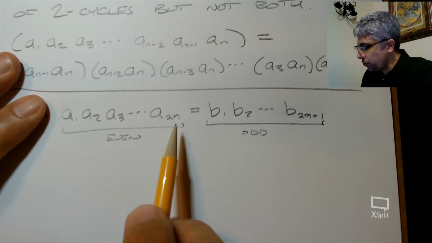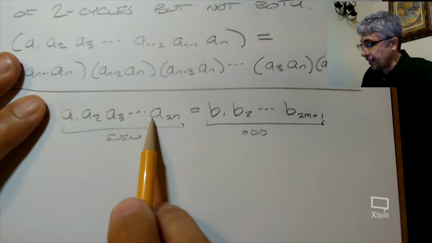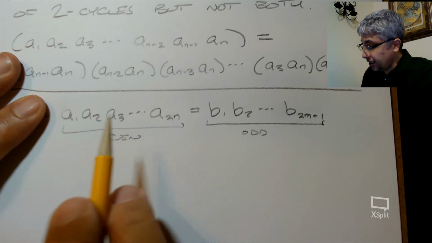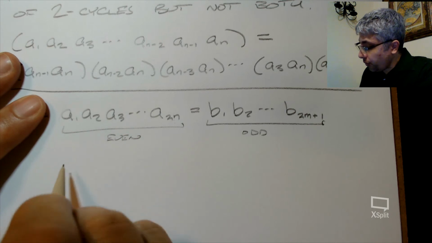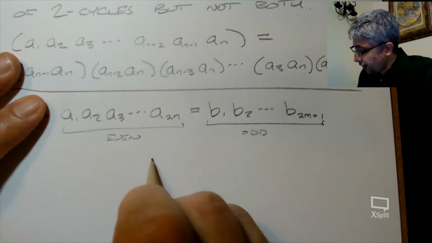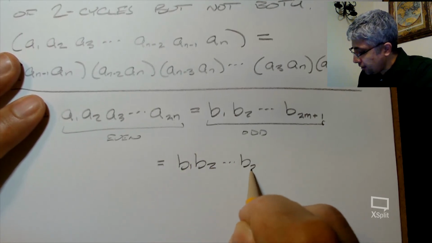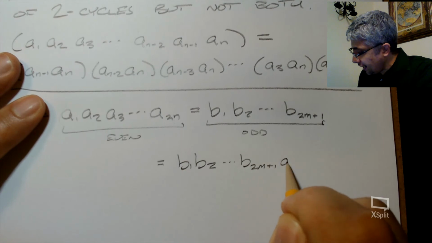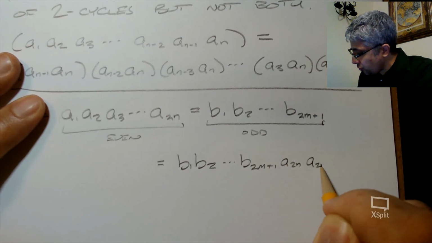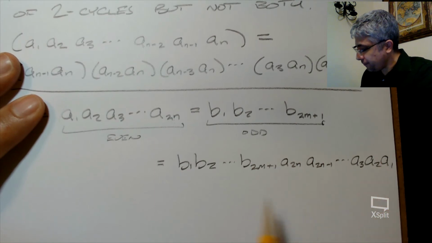So what I could do here is multiply both sides on the right by a2n, and then a2n-1, and so on and so forth, all the way down. So what that's going to give me on the right is b1, b2, through b2m+1, and then a2n, a2n-1, all the way down to a3, a2, a1.